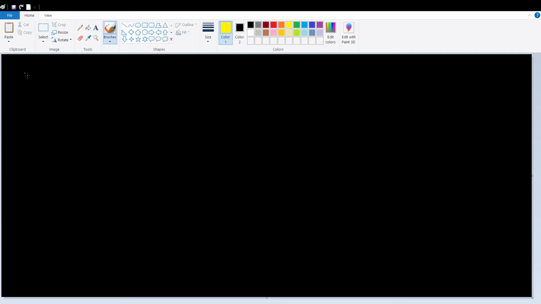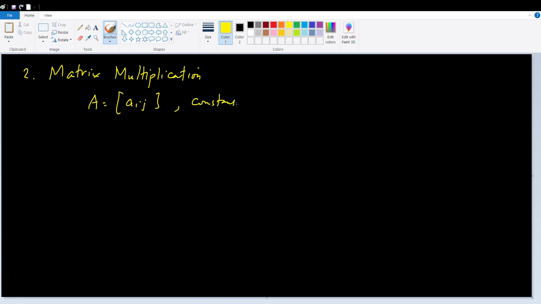The second one is scalar multiplication. We are given matrix A equal to Aij of any size and a constant r.